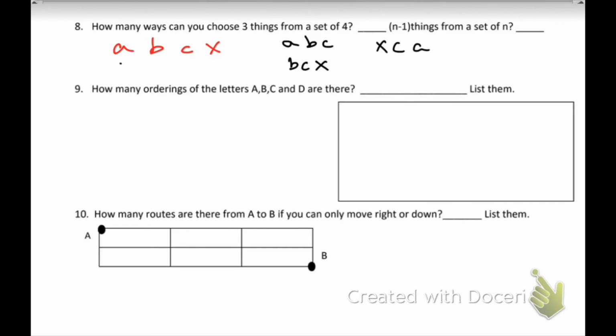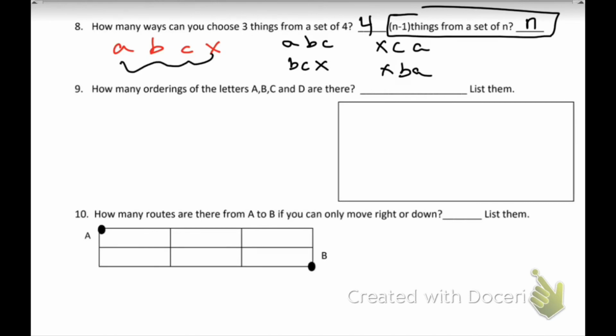Just one moment. XBA. So that's my last option there. So there's 4 different ways I could do this. So our little formula here is that if you're trying to pick n-1 things from a set of n, there are n different ways.